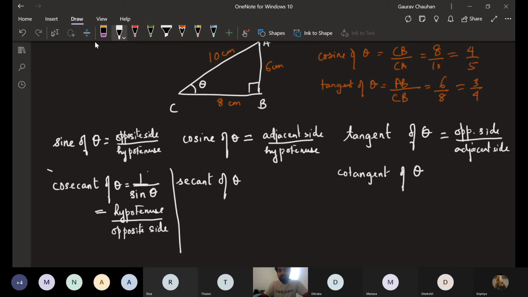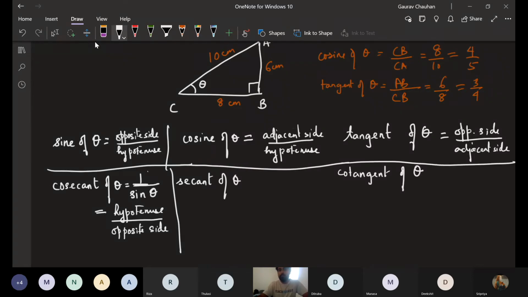Secant of theta, okay? Secant of theta is actually the reciprocal of cosine of theta. Cosine short form is cos. Okay, I'm going to write cos theta here.